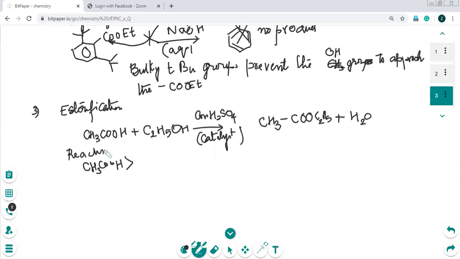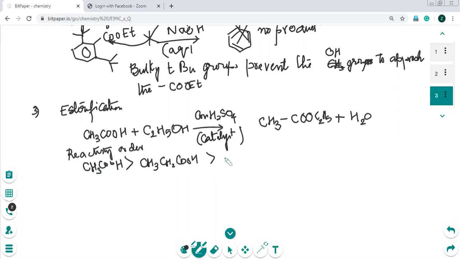The reactivity order is this one: CH3COOH, then CH3CH2COOH. What did I do? I removed one hydrogen and kept one ethyl group.